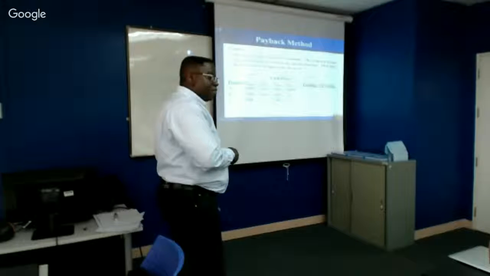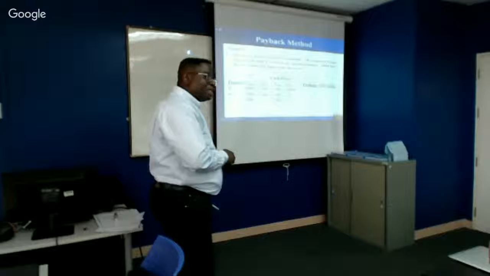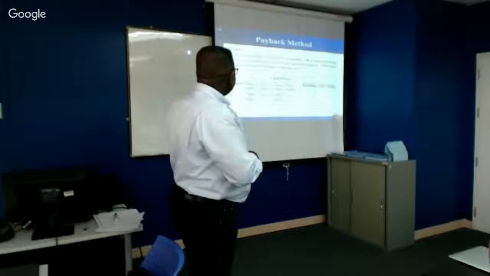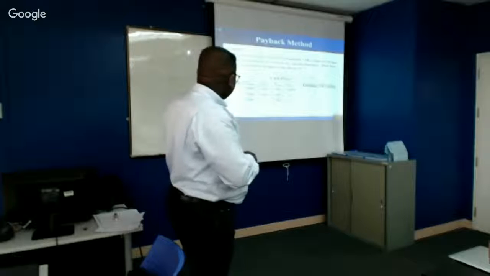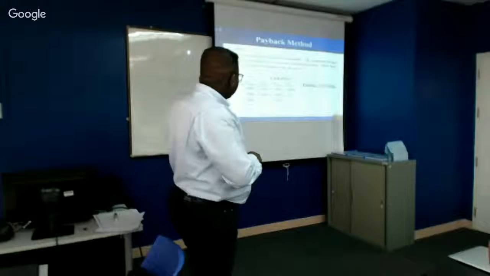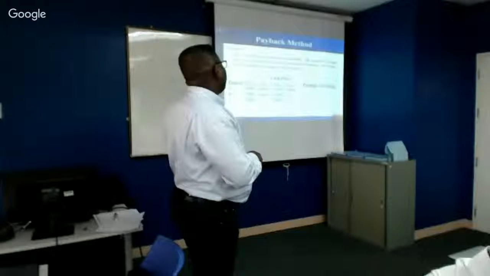The first year $1,000 inflow, second year $1,000 inflow, and then the third year no cash inflow. Project C, initial outflow is $2,000. Year 1 inflow is 0. Year 2 is $2,000. Year 3 is 0.